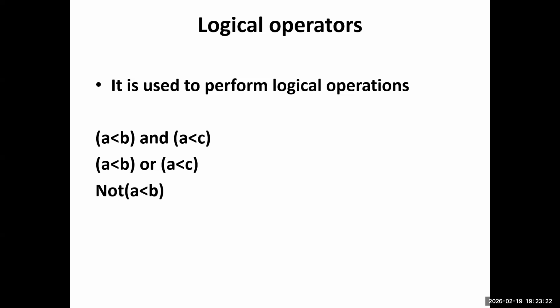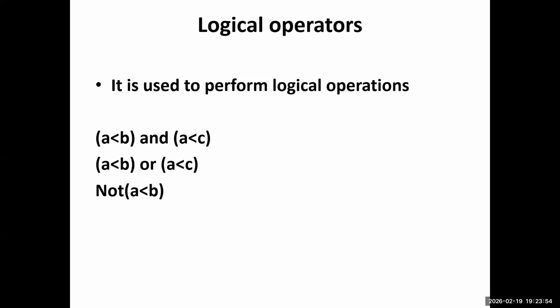So you know the difference between relational operator and logical operator. In a relational operator, at a time you can check only one condition, whether A is less than B or not. If the condition is true, A is lesser.